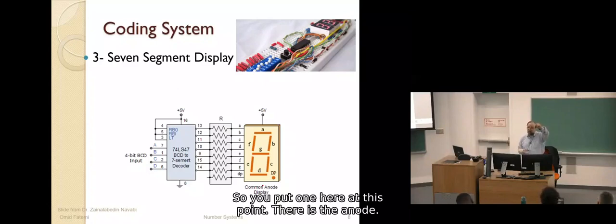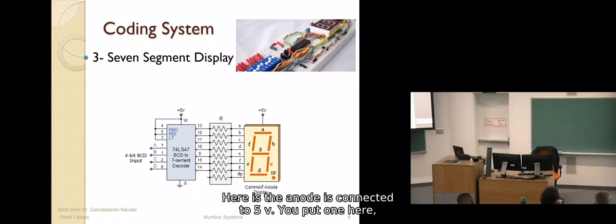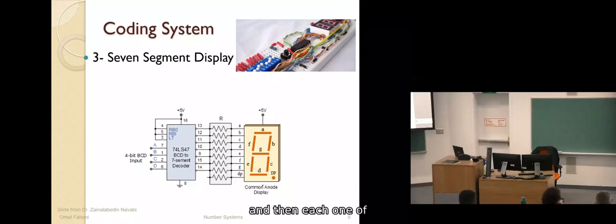Anode is common, so you put 1 at this point. Where is the anode? Here. Here is the anode. It is connected to 5 volts. You put 1 here, and then each one of the segments that you would like to turn on, you put 0 at the corresponding segment. So this is common anode.